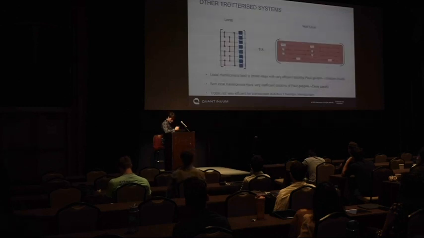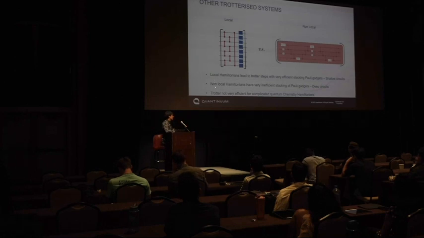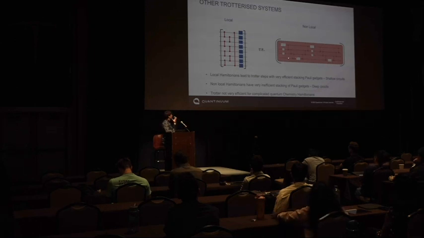Okay, so this goes back to my point: if we've got these local Hamiltonians, you can see the gates here stack very efficiently, so you can get a very shallow Trotterization. You often hear people saying that local Hamiltonians are very well suited for Trotterization. This is why, because you get very efficient stacking. When you have a full-body interaction, firstly it's less easy to stack because it's acting over more qubits.